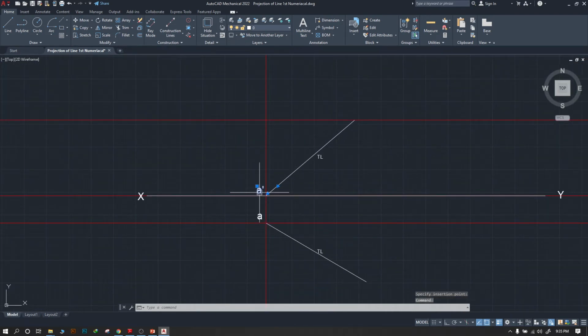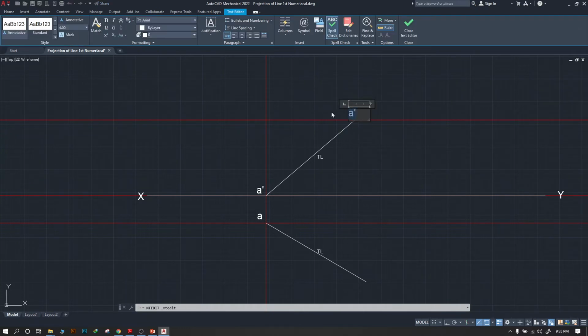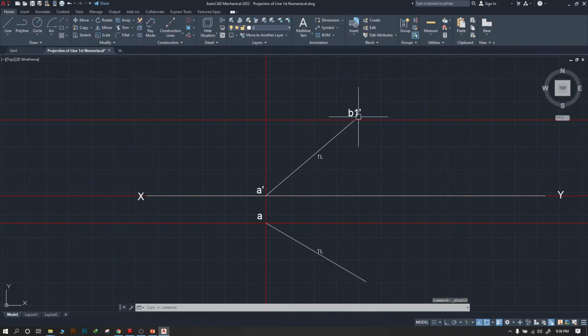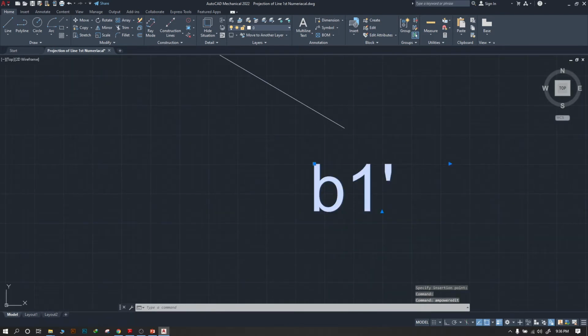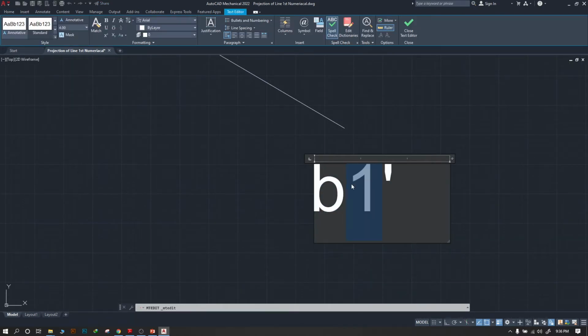As this is the true length, we will mark here B1 dash. Similarly, we will copy the same and mark here the B2 point.